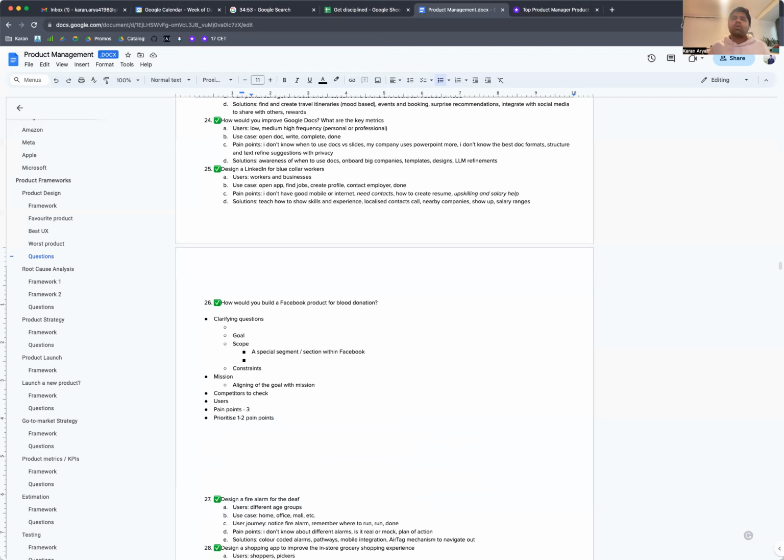And from a Facebook product scope perspective, this exercise of blood donation is more or less going to be a platform mediator, where Facebook essentially acts like a platform between the donor, which is me, and the receiver, which is, let's say, a hospital or an organization that is intending to collect blood from all of the donors in a particular locality.